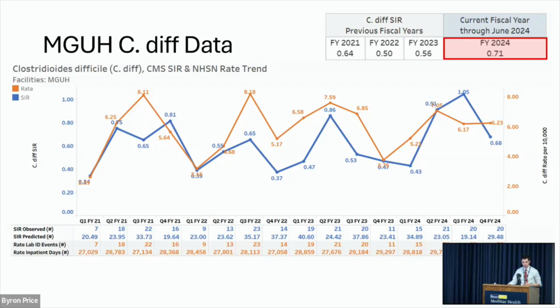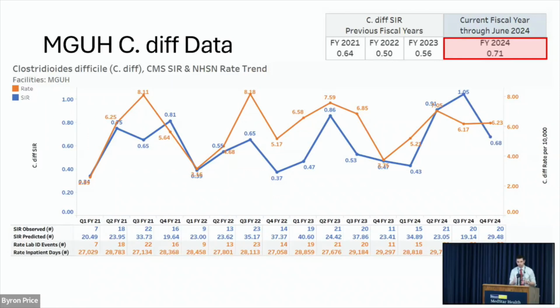Fiscal year 2022 was a good year for us. During that year, myself and a lot of my colleagues in the infectious disease department and the infection prevention department performed C. diff test audits.